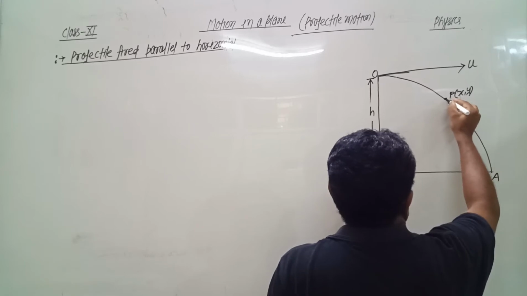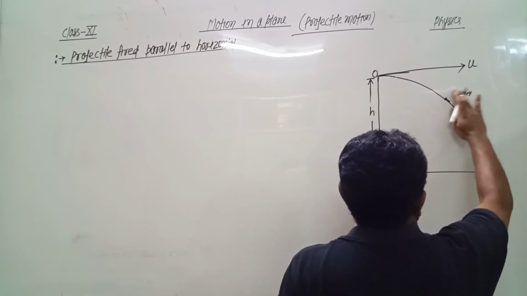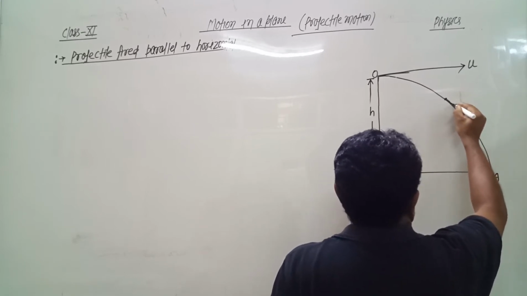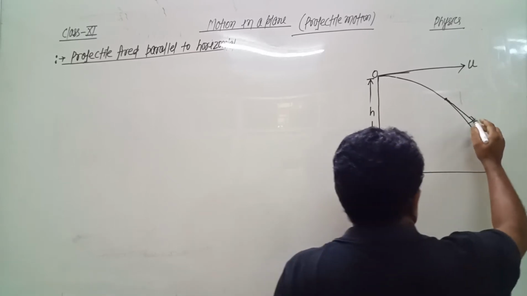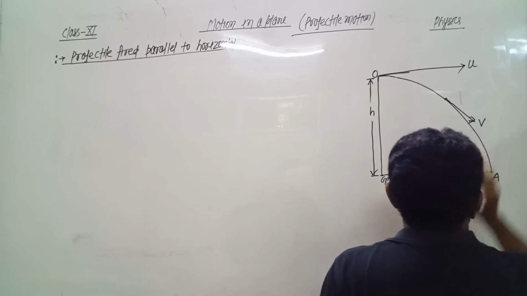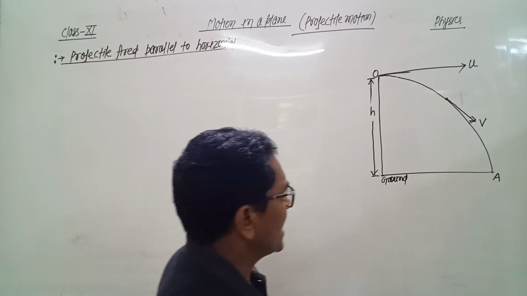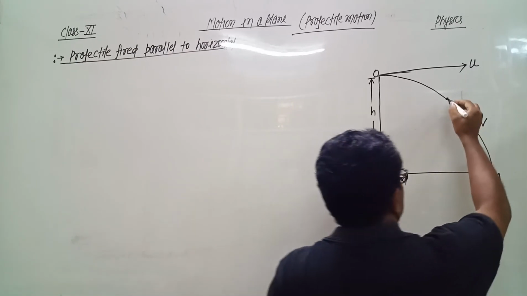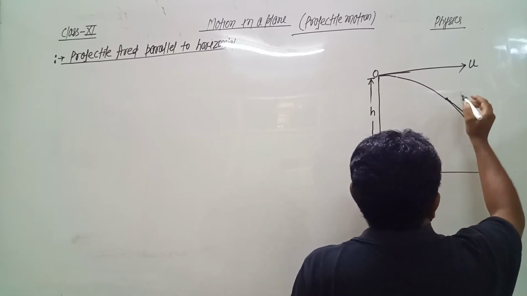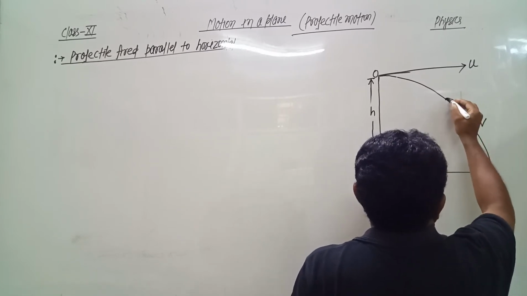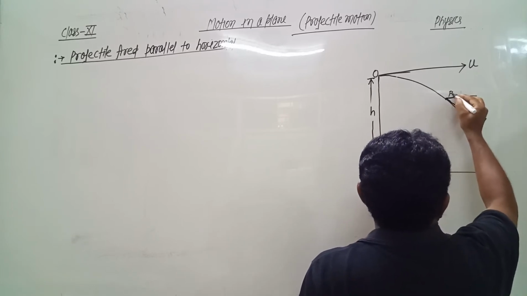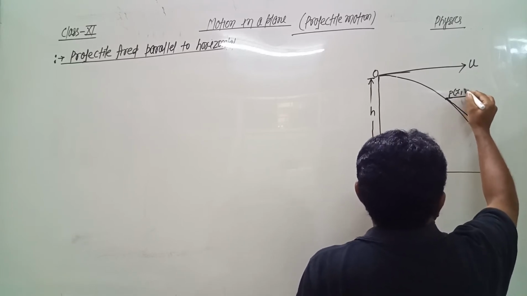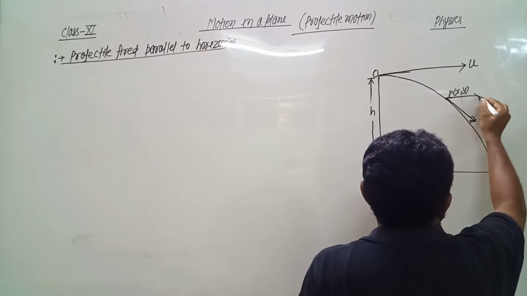At point P, the velocity of the body is v. After time t, the body reaches point P, whose coordinate is x, y.